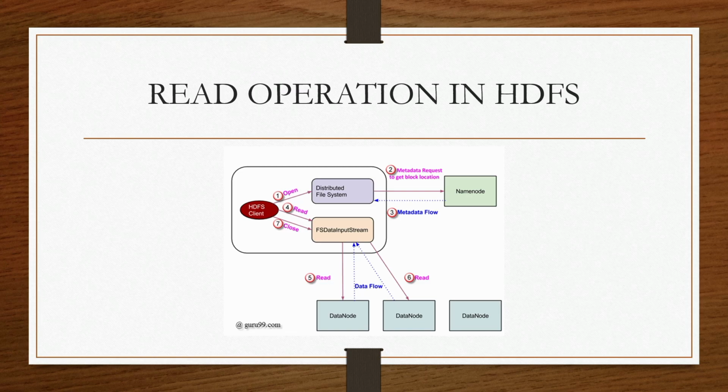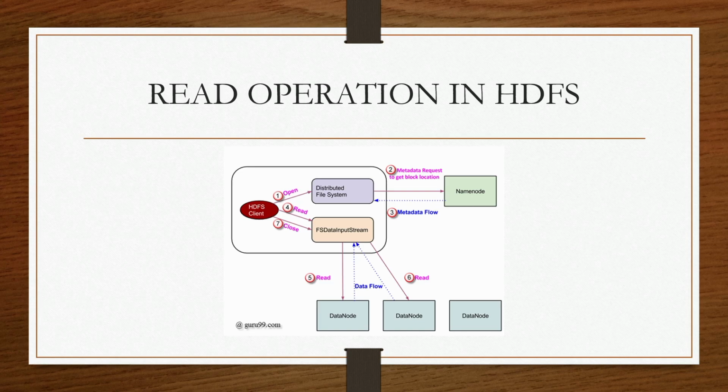A client initiates the read request by calling the open method of the file system object. It is an object of the type DistributedFileSystem. This object connects to the name node using RPC and gets metadata information such as the location of the blocks of the file.